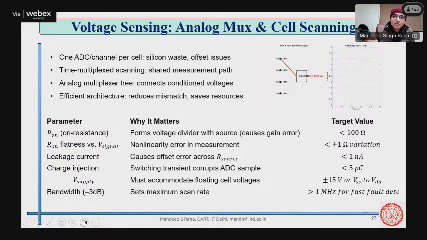Because I cannot put an ADC to read each incoming data, as it causes a lot of problems for my cost plus size parameters. Each IC requires its own bias, its own filtering circuits, its own reading circuits. So we do not like to do that. We try to put one IC that can read many samples, so we usually multiplex the data, where one ADC is reading many cells' data.